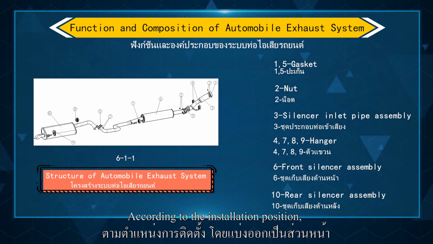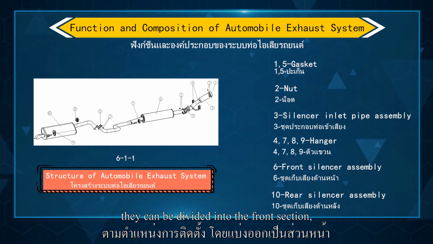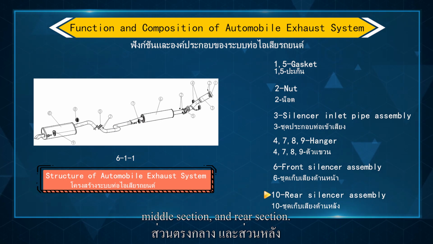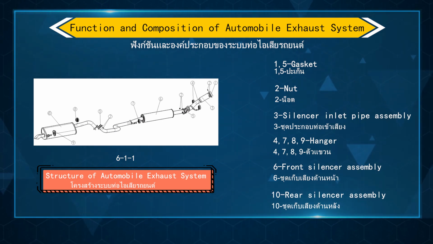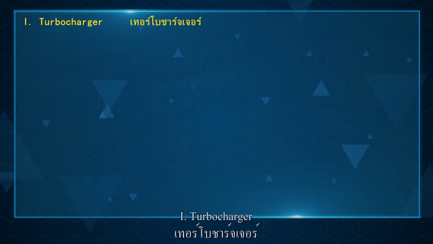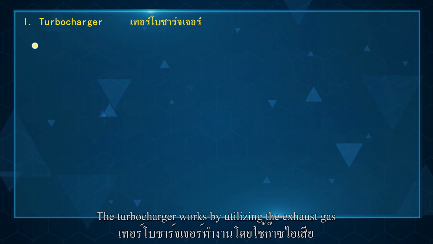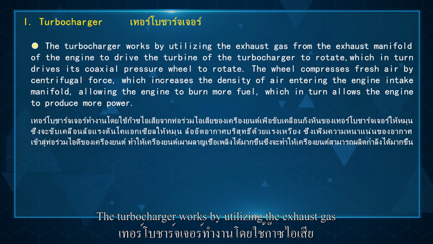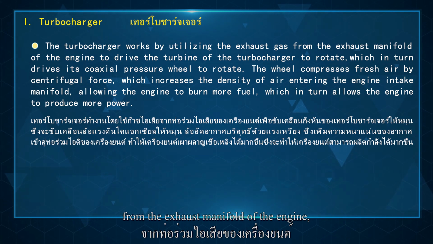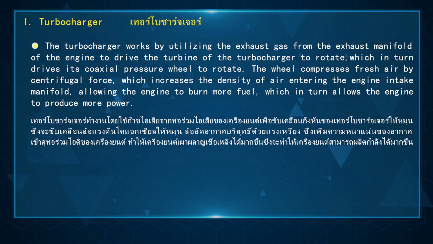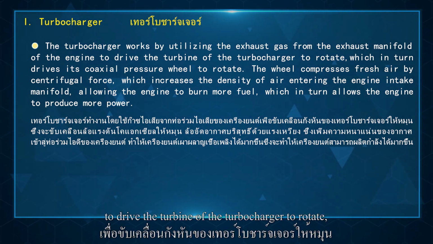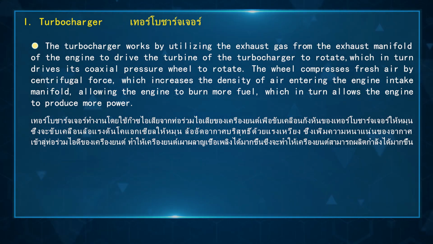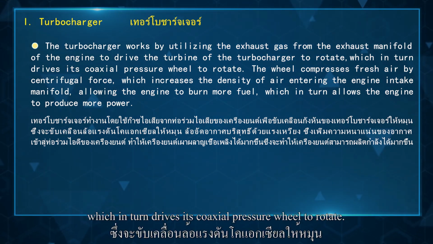According to the installation position, they can be divided into front section, middle section, and rear section. 1. Turbocharger. The turbocharger works by utilizing the exhaust gas from the exhaust manifold of the engine to drive the turbine of the turbocharger to rotate, which in turn drives its coaxial pressure wheel to rotate.